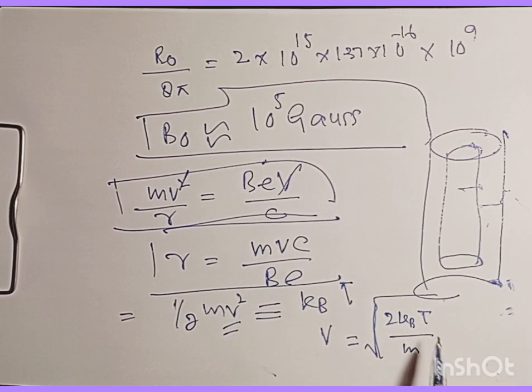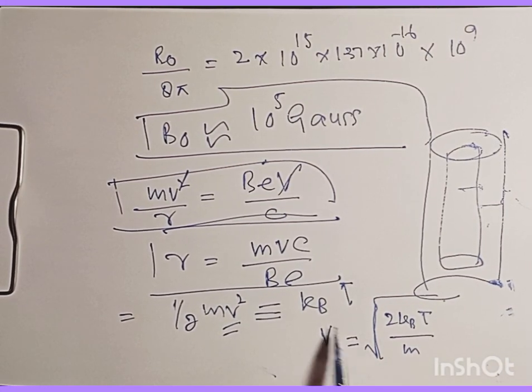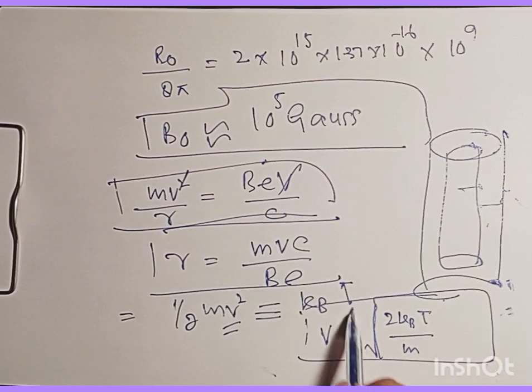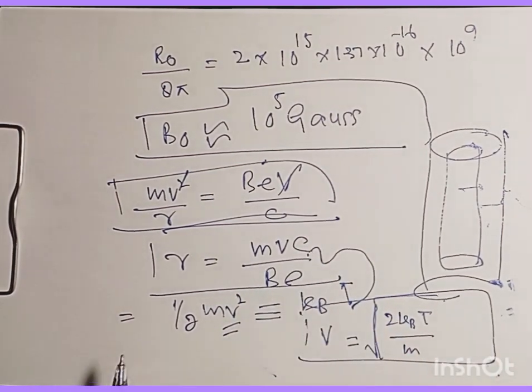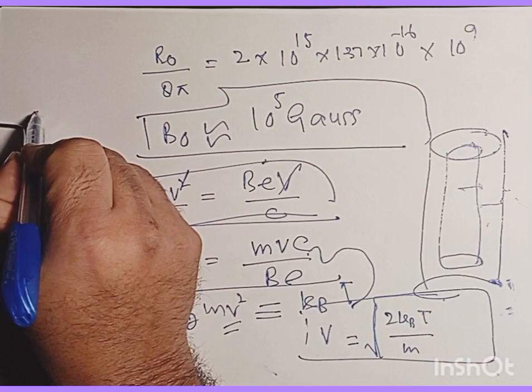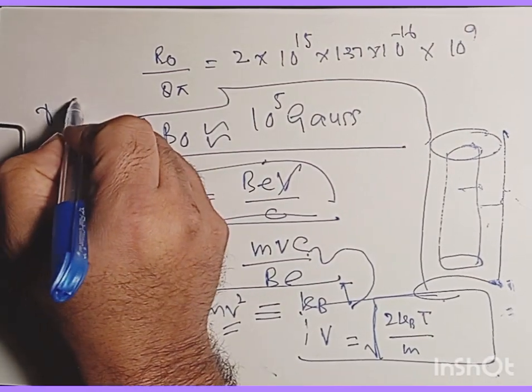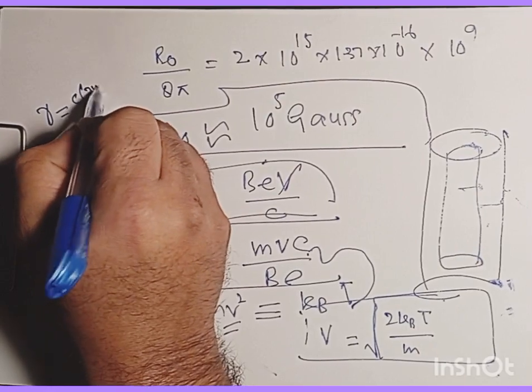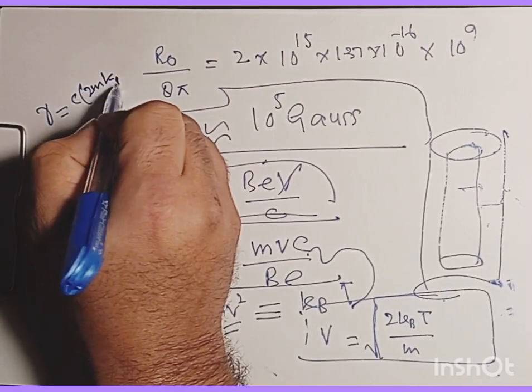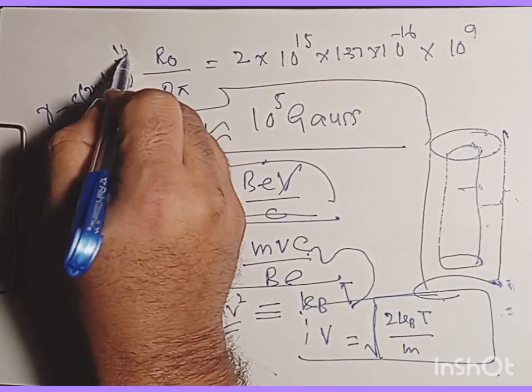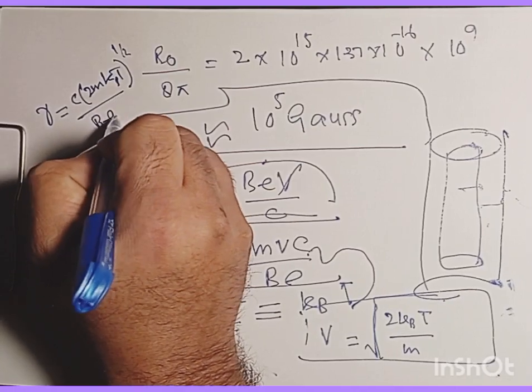We can substitute this V in this equation and calculate R. This R will certainly be c times (2m kBT) raised to the power 1/2, divided by Be.